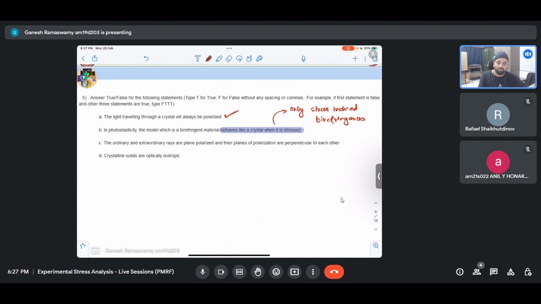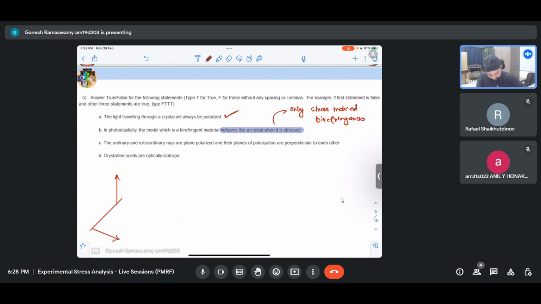So for that, what can we do? In a polariscope, we can simply place the model in an unstressed condition. We saw that once we have the polarizer like that and the analyzer that is crossed with that, no light should be able to enter.